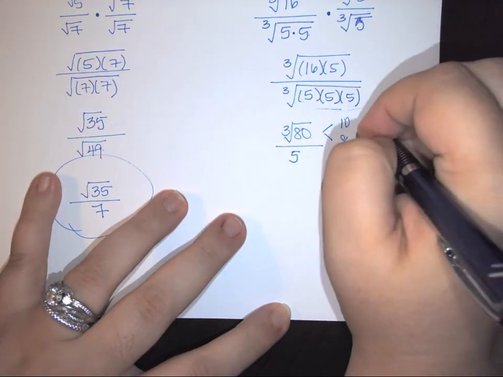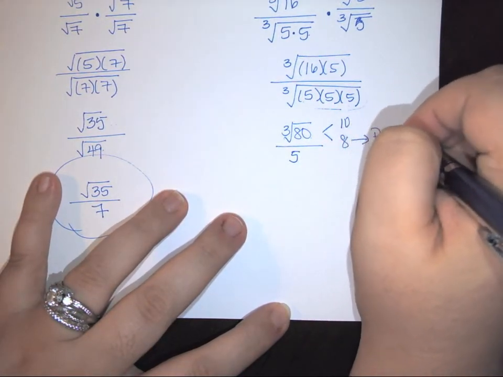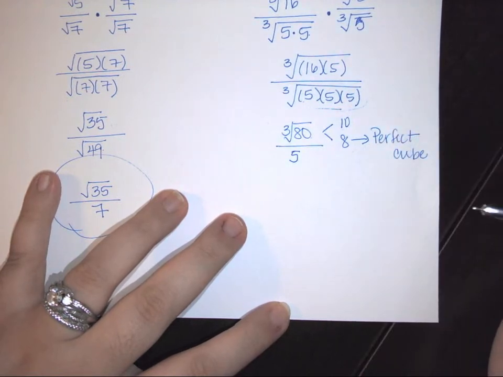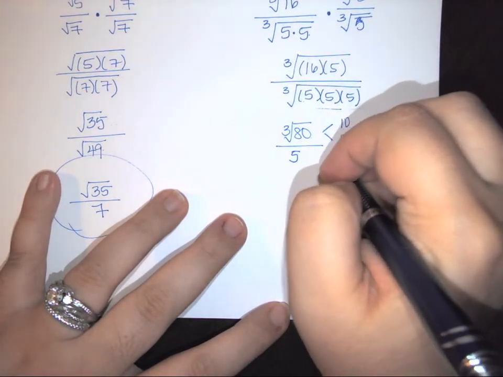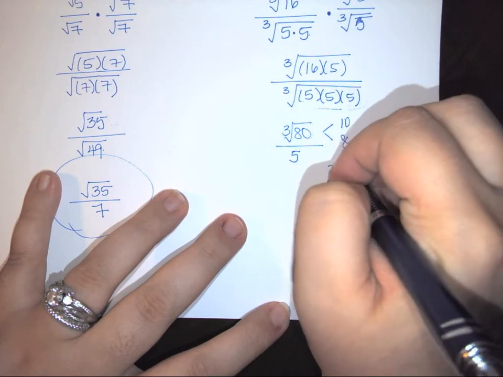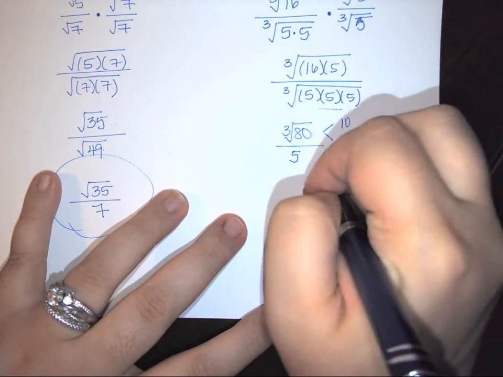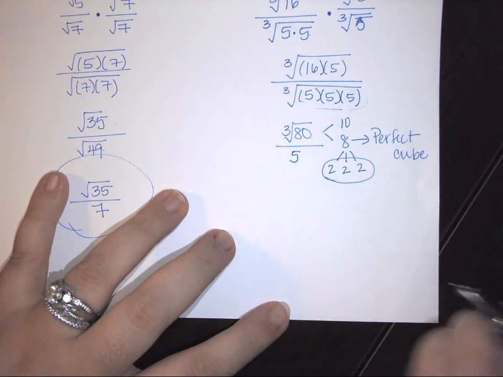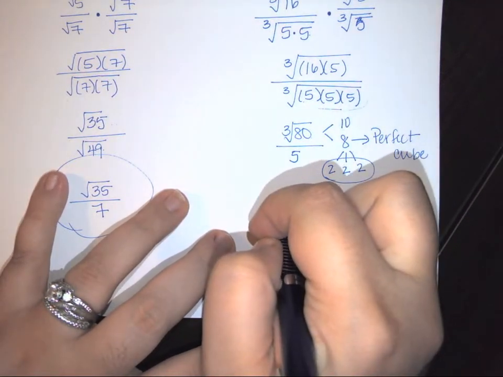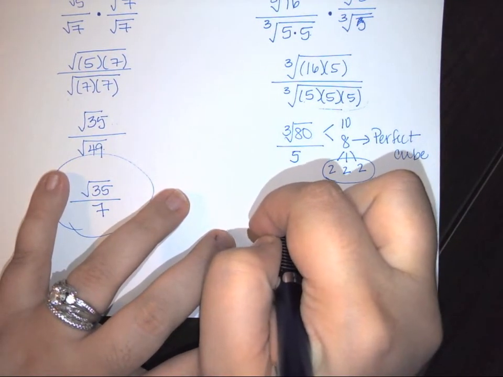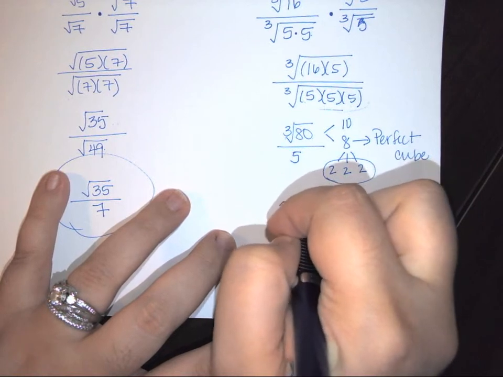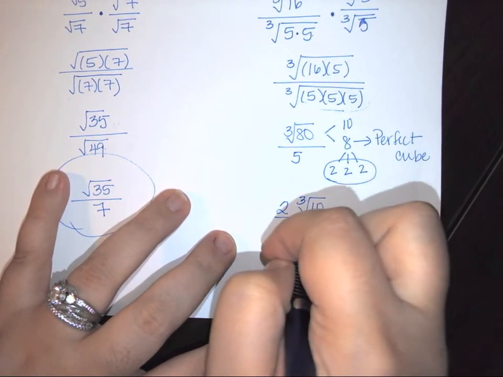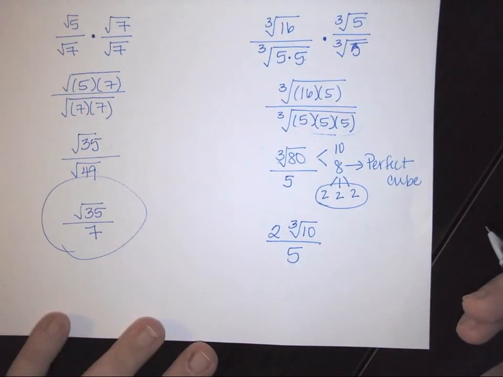Okay, so with this being a perfect cube, it means 8 actually becomes 2 times 2 times 2. And there, right there, is your perfect cube. So what pulls out is going to be a 2. And what stays behind is the cubed root of 10. And remember, the whole thing was still over 5.